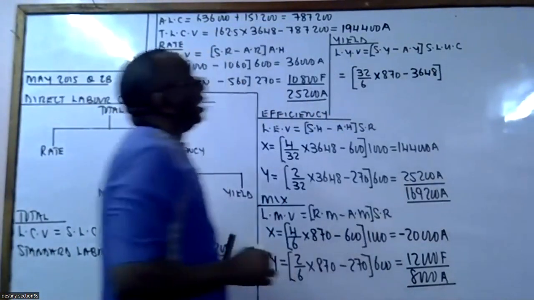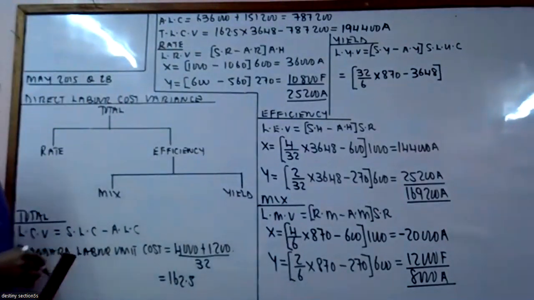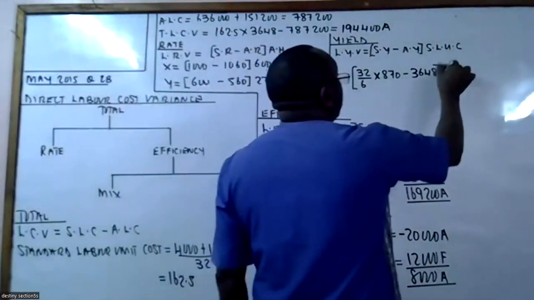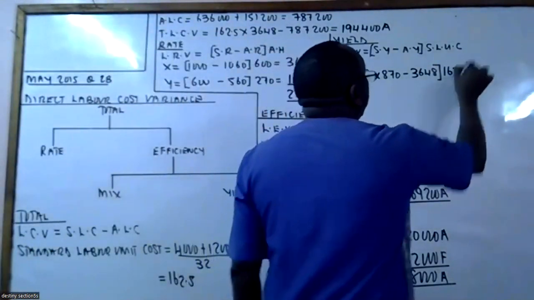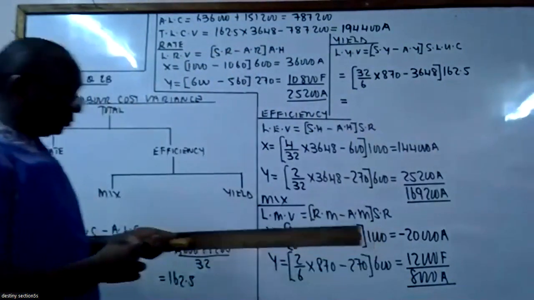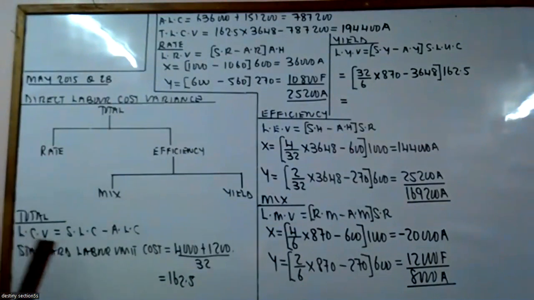But 648 multiplied by the standard labor unit cost, 162.5. So tell me that is what?